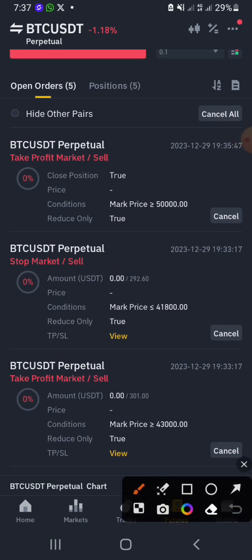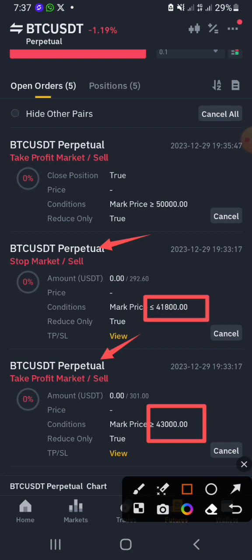As you can see over here, I have 3 different open orders for Bitcoin. The first is the take profit I initially used, which is $43,000. The second is my stop loss, which is still at $41,800, and the last is my new take profit.